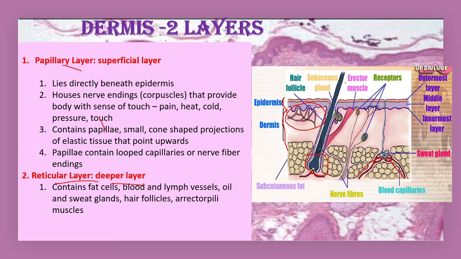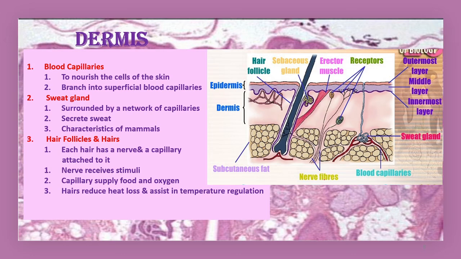This is the region where you can see the sweat glands, as well as the nerve fibers and the erector muscle. When there is extreme cold or fear, the hairs on the skin become very erect. That is only due to the erector muscles. Let us see the next part.